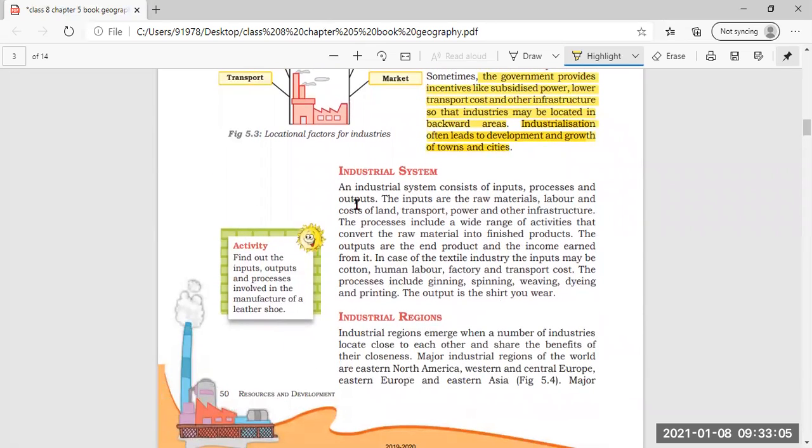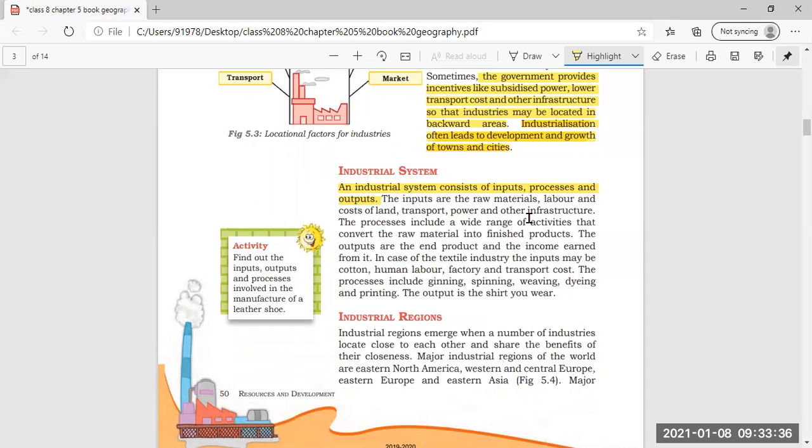Industrial system. Now, what does the industrial system consist of? It consists of input, process and output. That means whatever things you are putting up to make a particular industry, all the processes, the stages it has to pass through, and then whatever output you get, the final product, all this is the industrial system.